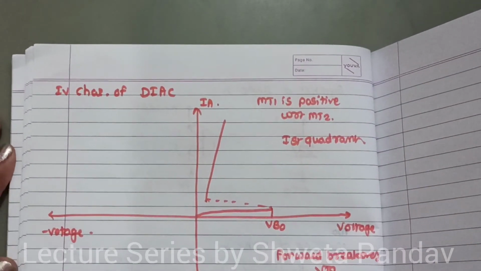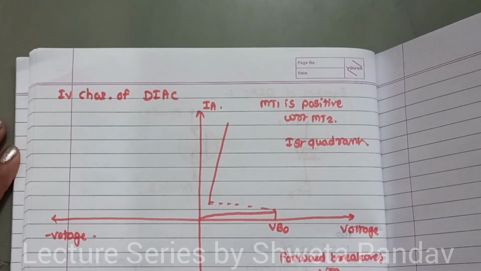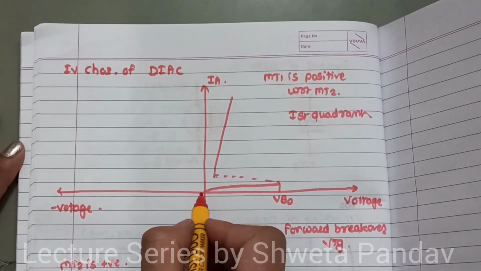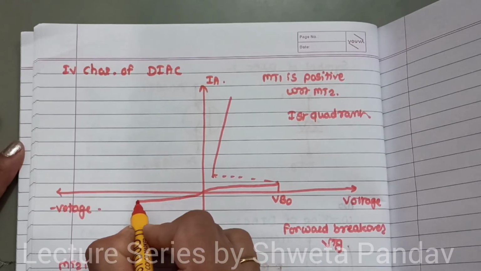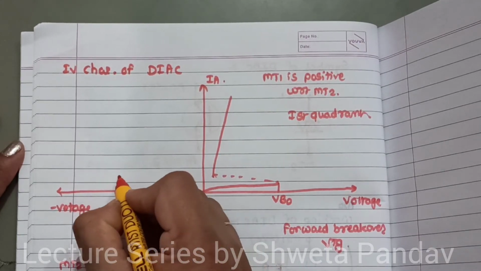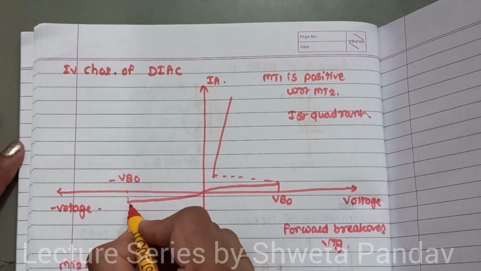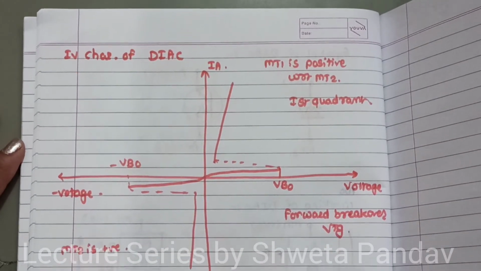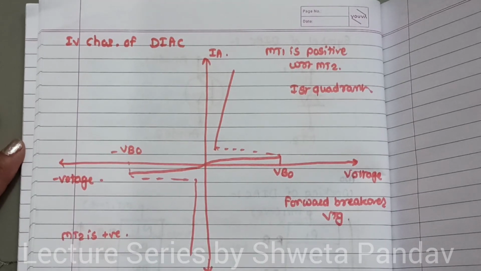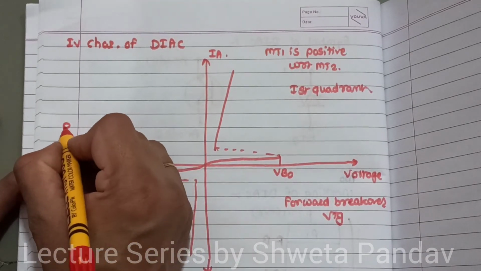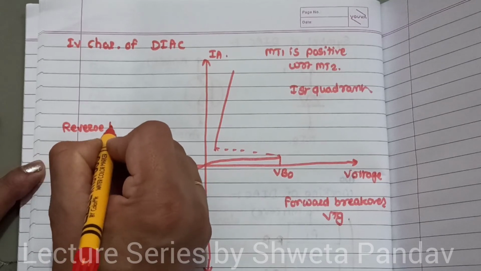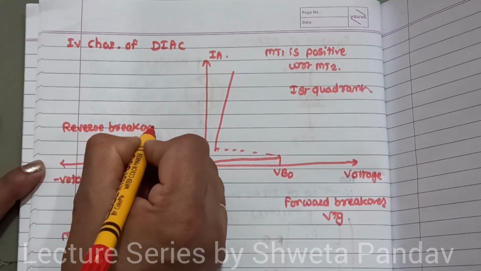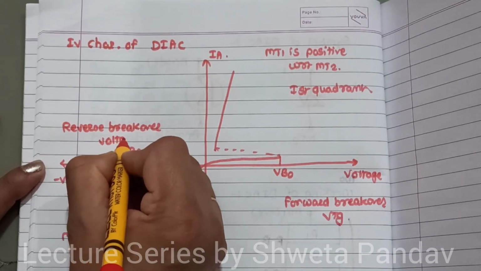Similarly, when MT2 is positive, the current starts increasing in very small steps, and after the negative breakover voltage occurs, the anode current increases in the reverse direction. This voltage is called the reverse breakover voltage.